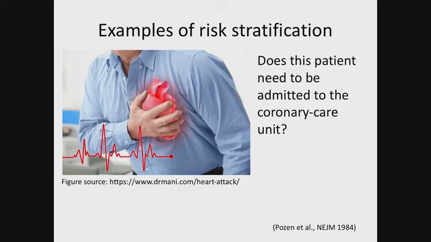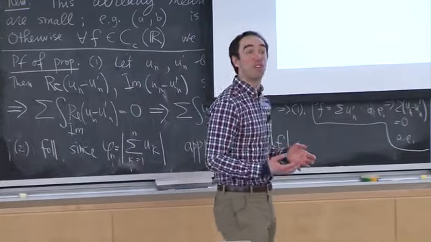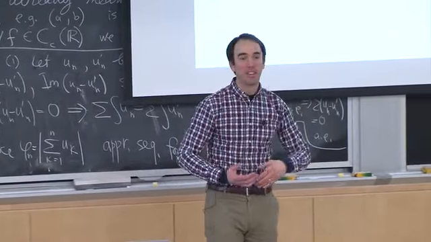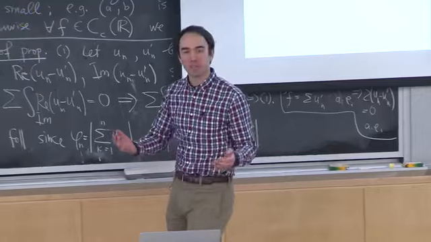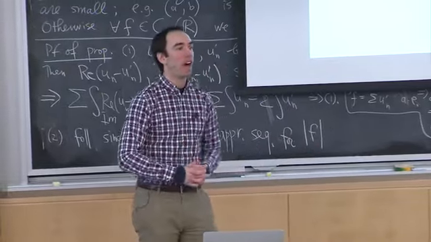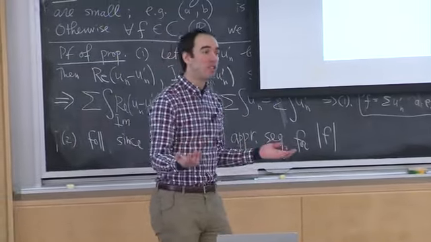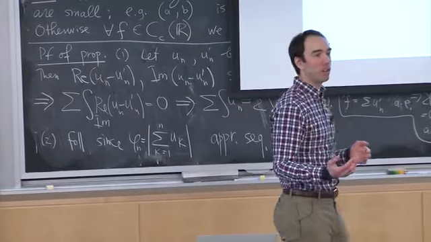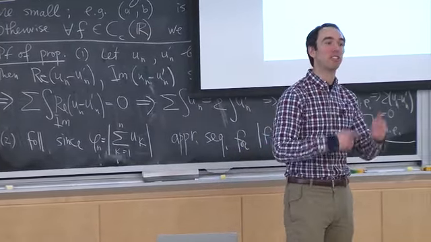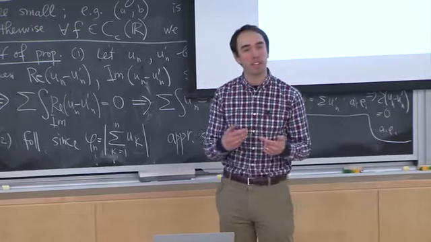And moreover, if you look at the amount of data that they used in that study, it was over 2,000 patients. They had a non-trivial number of variables, 50-something variables. And they used a non-trivial machine learning algorithm. They used a logistic regression with a feature selection built in to prevent themselves from overfitting to the data.